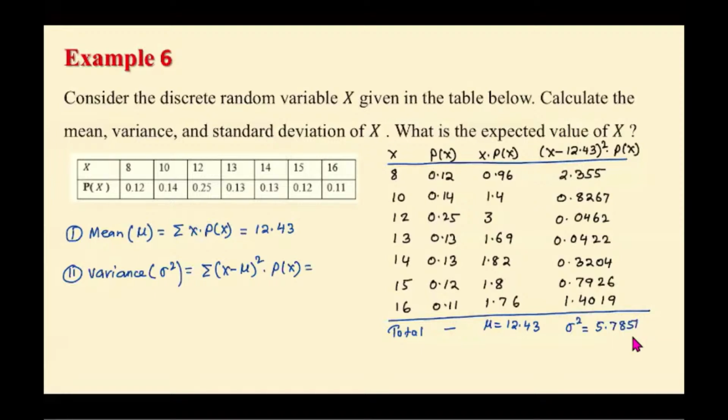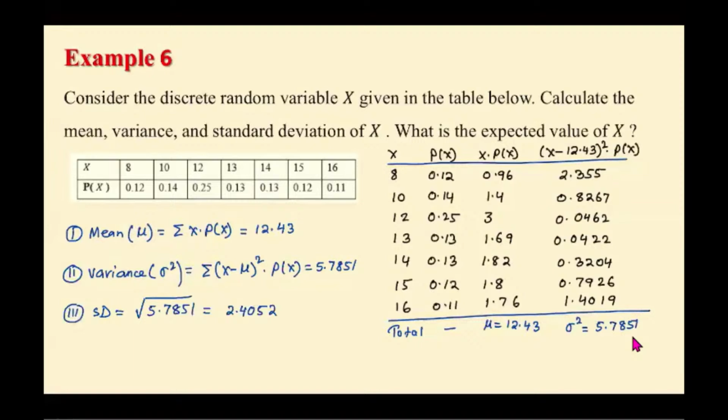This is equal to 5.7851. So the third one is the standard deviation, which is the square root of the variance. So it's the square root of 5.7851. And if we simplify this using a calculator, it will be 2.4052.